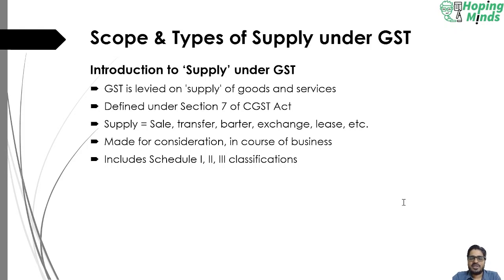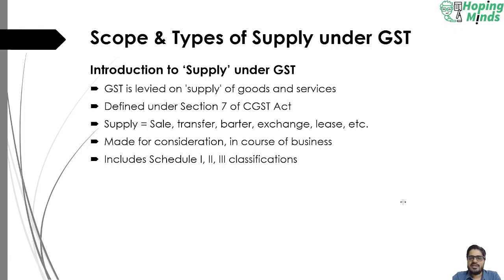Then for CMP08 it is the 18th of the month succeeding the quarter. Then GSTR4, that is the annual return for composite dealers, it's the 30th June of the next financial year. Then similarly we learned other due dates of different GST returns like GSTR5, GSTR6, GSTR7, 8, 9 and 9C.